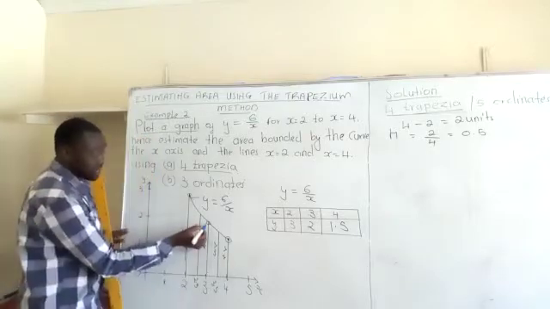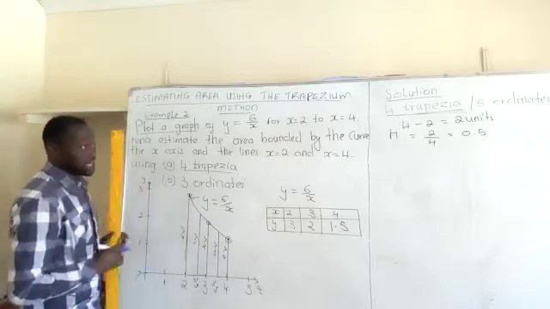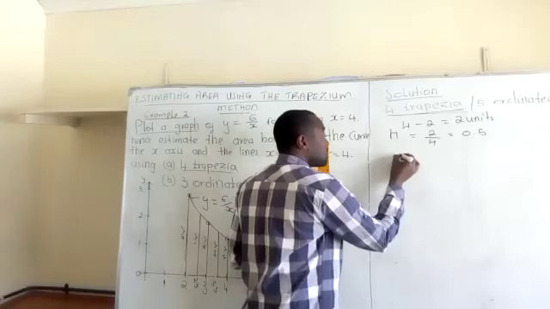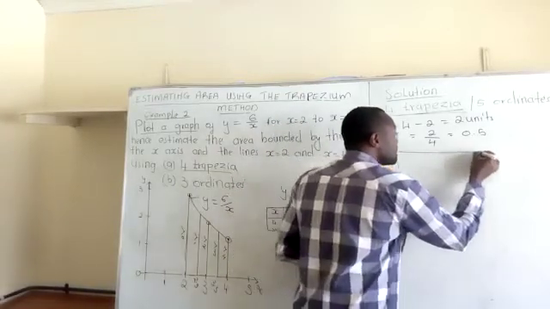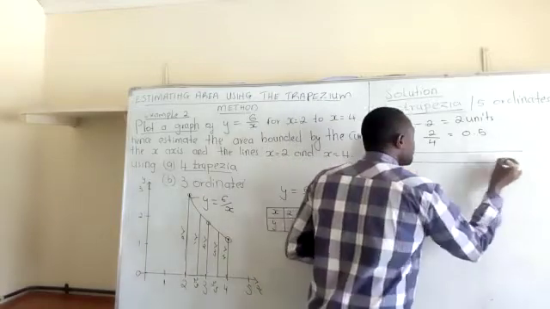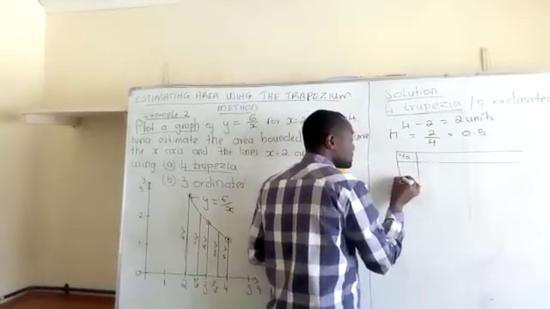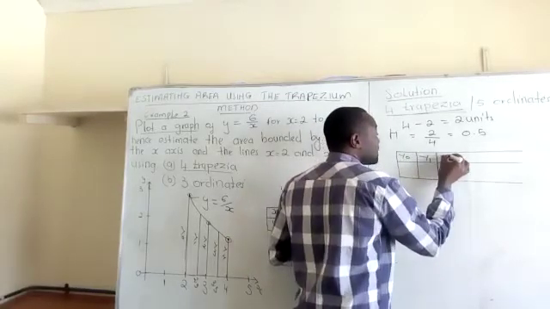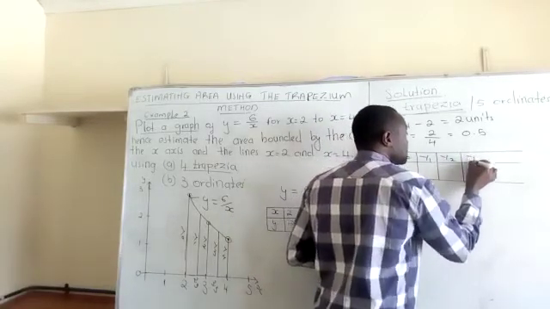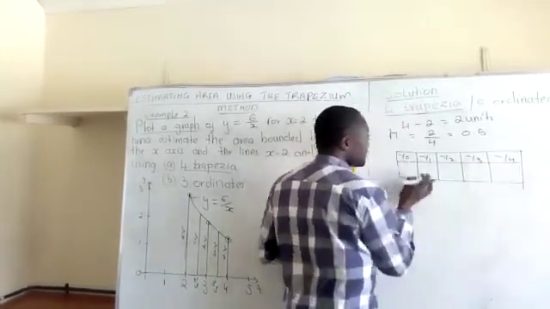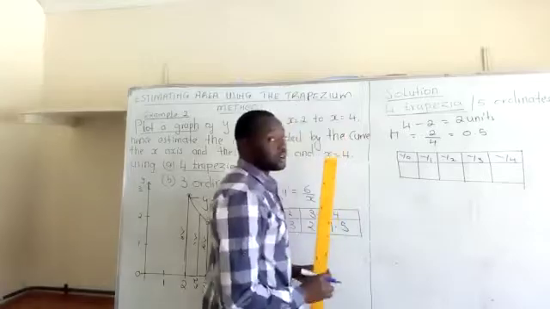On a graph, I would have read the values directly, but in this situation, I will calculate those ordinates. That is the first ordinate, the second ordinate, y1, y2, y3, y4. That is the 5 ordinates.